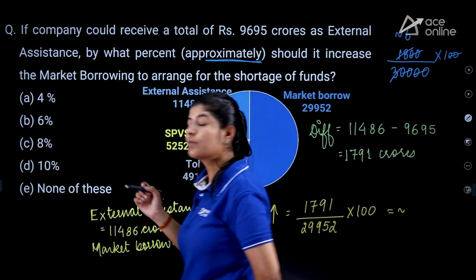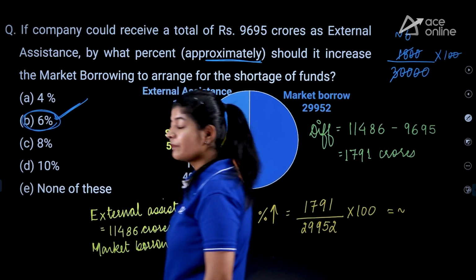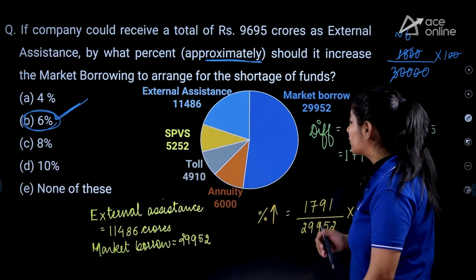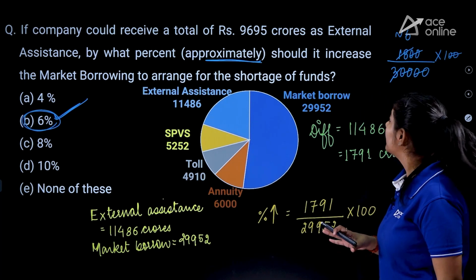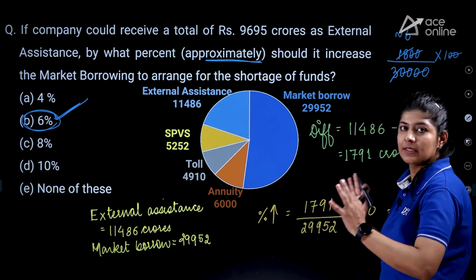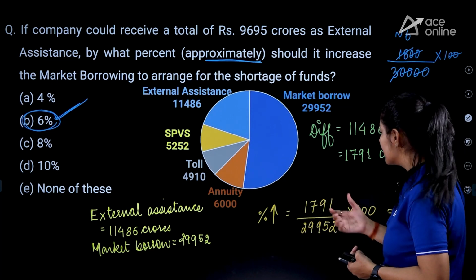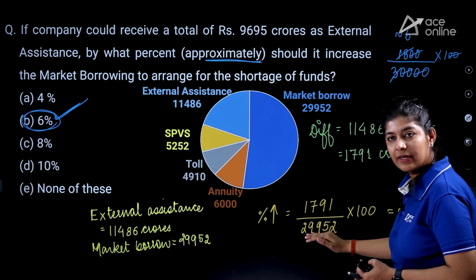Do we have that in our options? Yes, we do. So the correct option is option B. If we have to find the exact value, it should be less than 6%, but it is nearly equal to 6%, because in these cases we increase the value in both numerator and denominator.